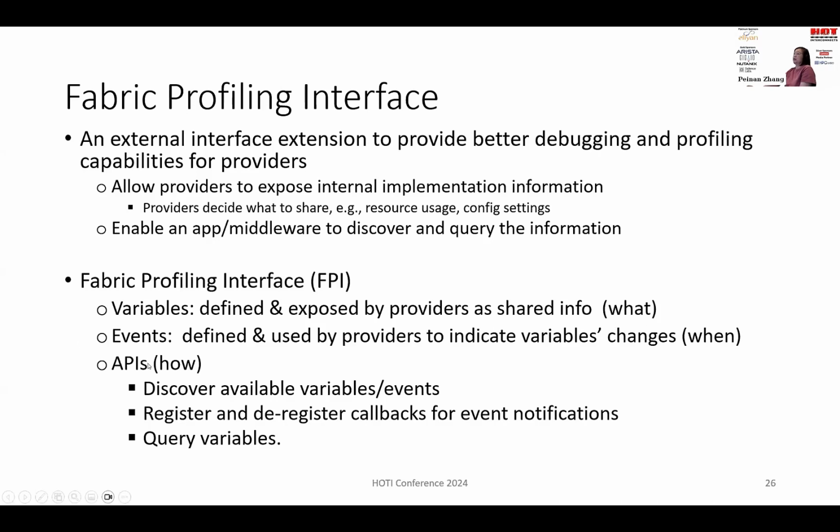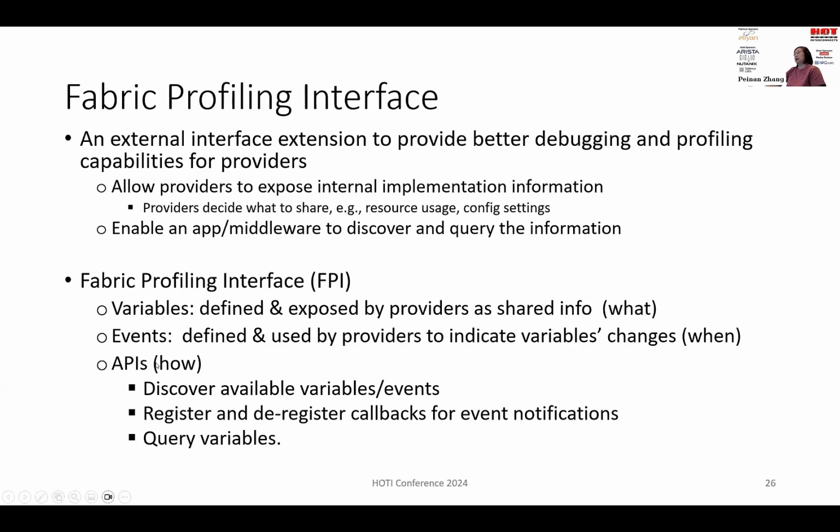The second component is the events. Events indicate when the variable or the information is available and when the information gets changed. So the provider defines events and uses events to indicate the variable's changes. To access the variable, application middleware can use this API.